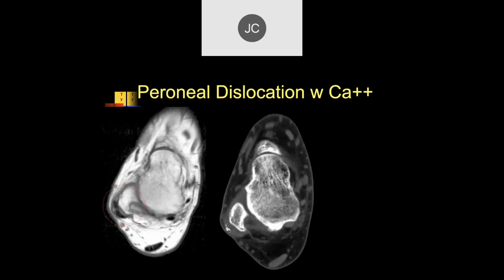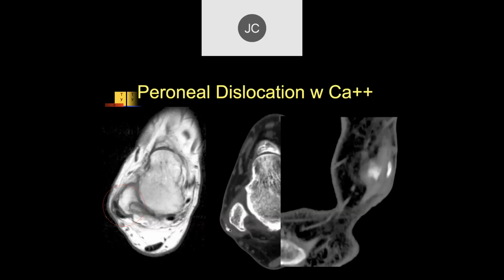And then here we can see calcification on the CT scan. So this is really a congenital anomaly involving the distal fibula, which is going to lead to instability, tearing of the retinacular attachment to the fibula. In this case, a lot of chronic injury and dystrophic calcification in the area of the tendons. So chronic subluxation.